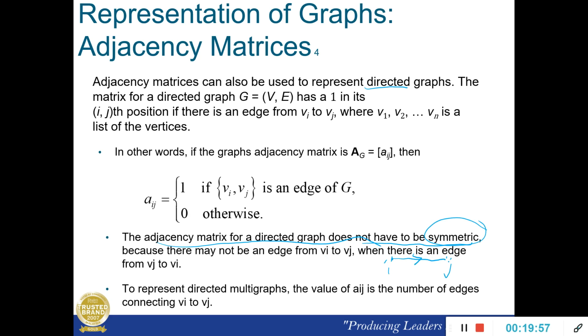You have an edge from J to I, but from I to J, there doesn't have to be an edge. To represent a directed multigraph, the value of Aij is the number of edges connecting Vi to Vj, similar to the undirected multigraph.